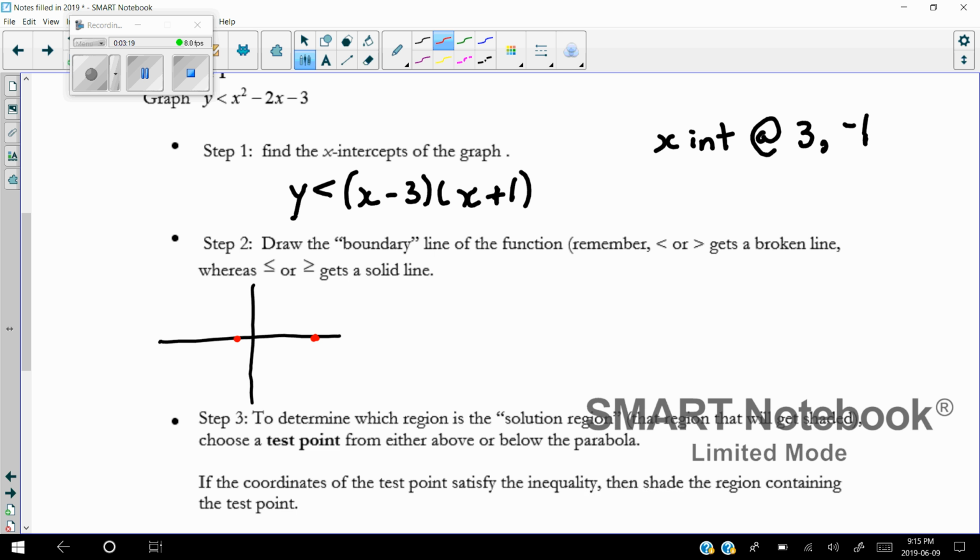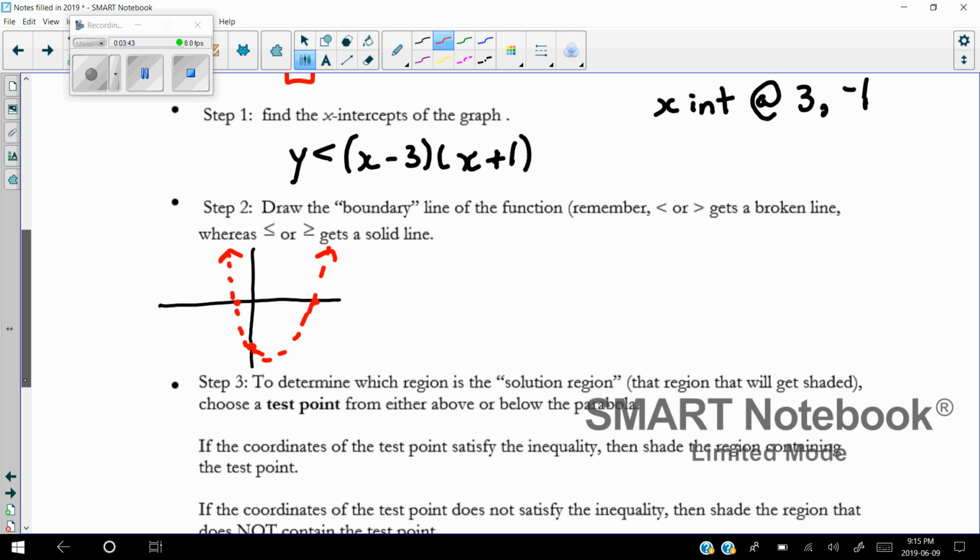I also know my y-intercept is -3 based off my equation. Then I can connect the points using a dotted line, since it is a strict inequality. I still put the arrows on the top.